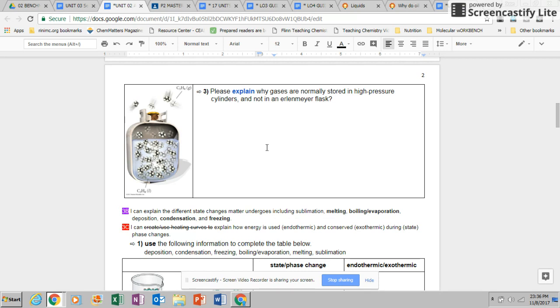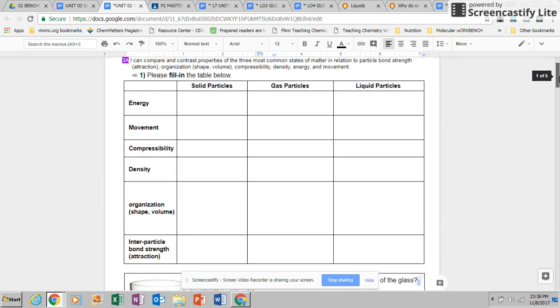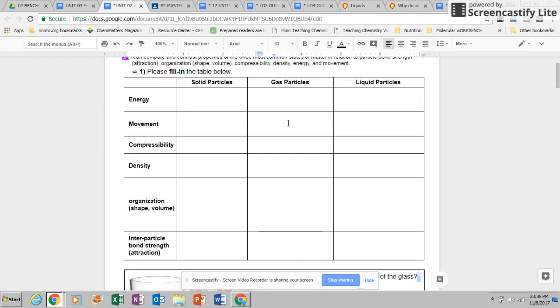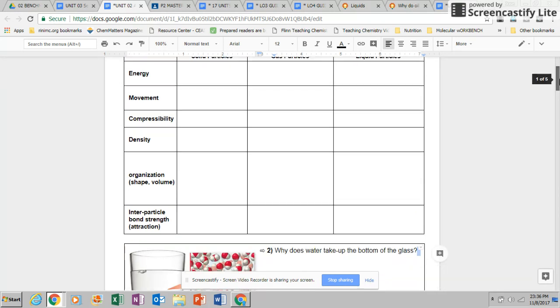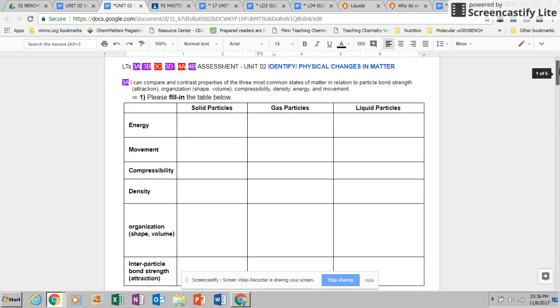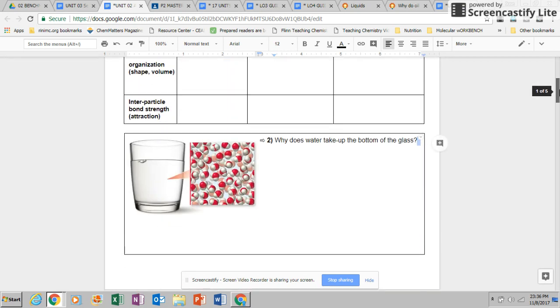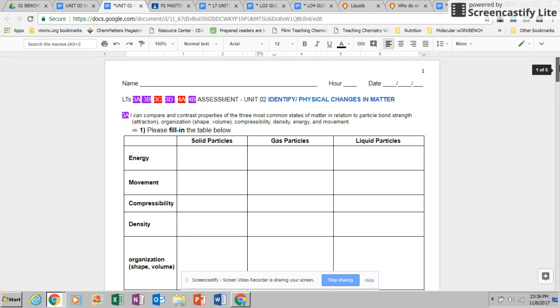Reason number two, we would lose our gases if we don't do so because gases have very high energy. They move all over the place randomly, not enough attraction to keep them close together. So that is 3A, comparing and contrasting properties of the three most common states of matter: solid, liquid, and gas, as far as their energy, movement, compressibility, density, organization, and bond strength goes for particle to particle attraction.